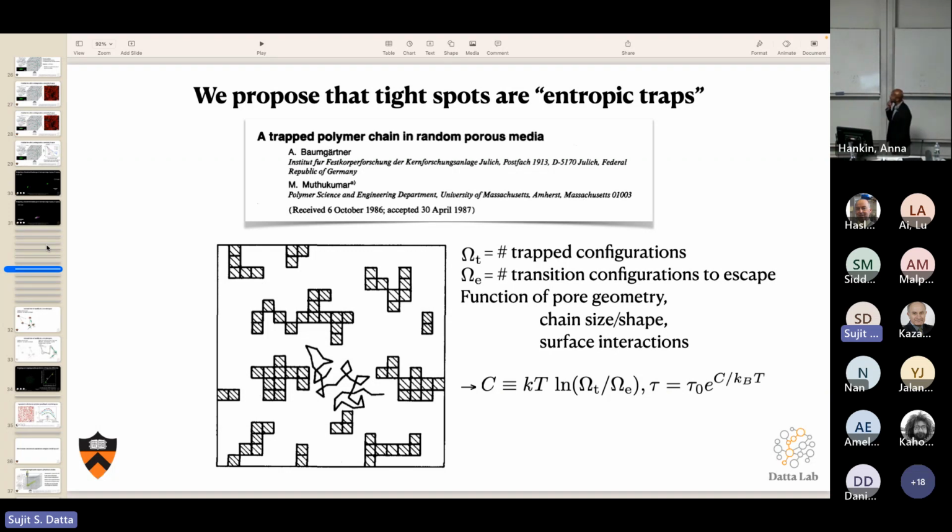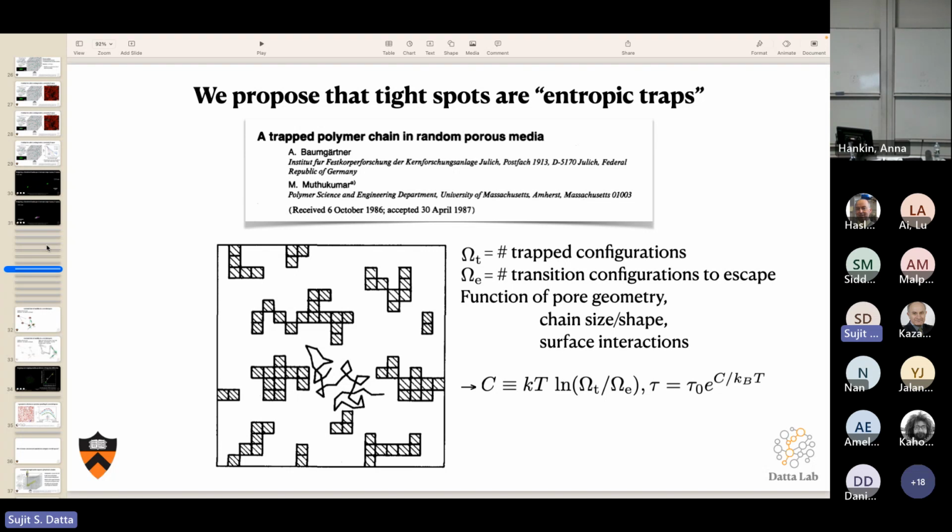We were inspired by models people have constructed for large polymers that are trapped in porous media. If you have a polymer that's stuck in a tight spot, and due to kBT, thermal energy, it's taking on different configurations, for this polymer to escape, one of the two ends needs to be near an exit for it to transition out. So there are only a certain number of configurations that enable it to escape.